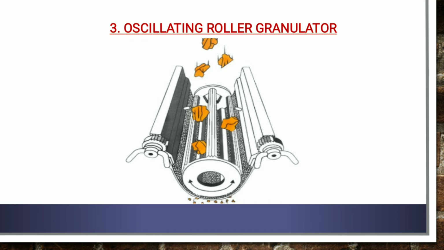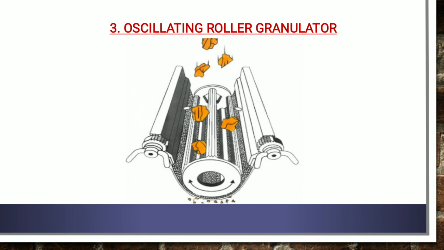That is, if the sieve screen has a larger pore size, then the granules formed will be of larger size. However, the mass must have sufficient moisture to form proper granules when sieved.